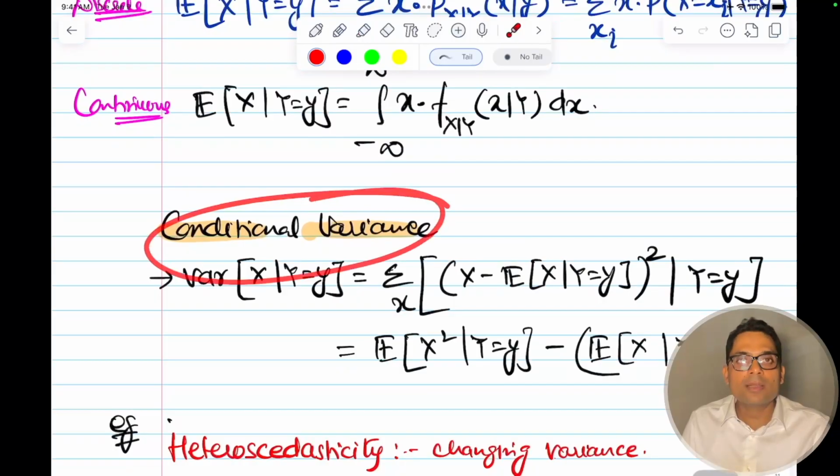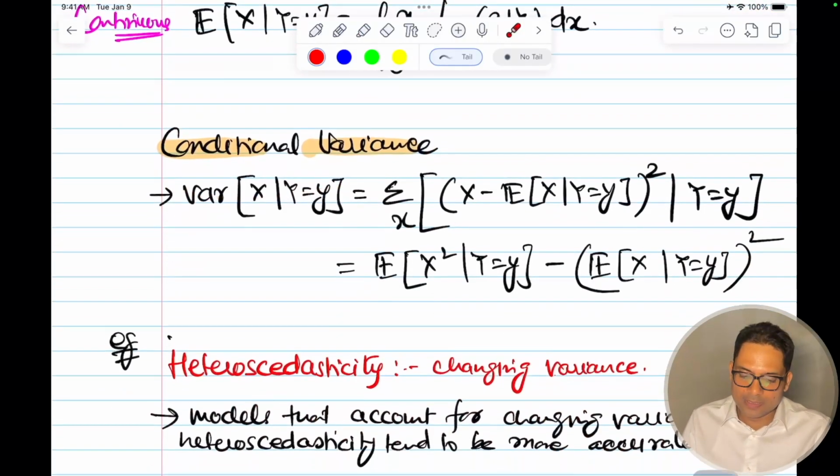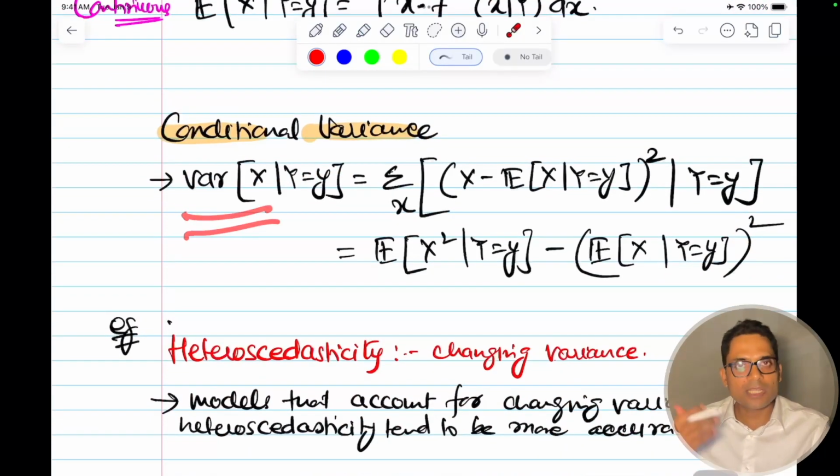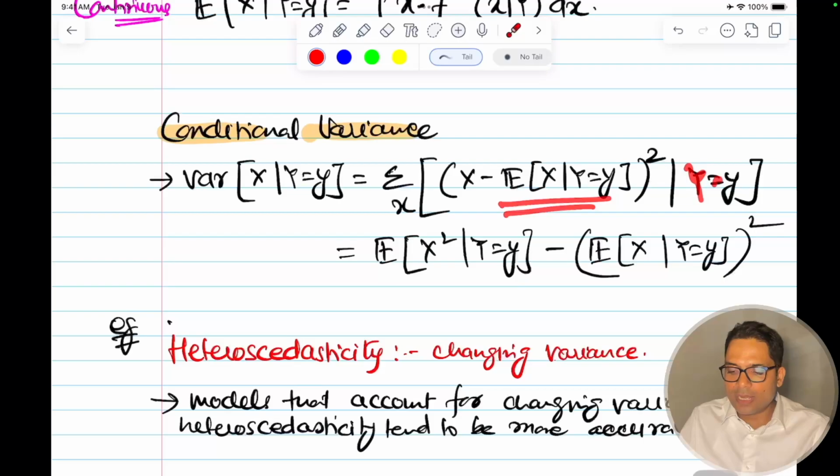And then we read about conditional variance. Conditional variance is again given two variables. It is the expected value of the distance from the center, given that y has already happened, from the mean, from the central tendency, and the central tendency also we computed using the conditional variable.